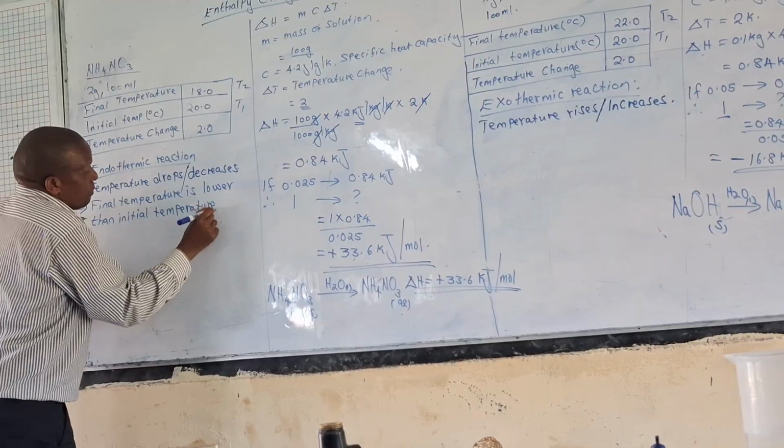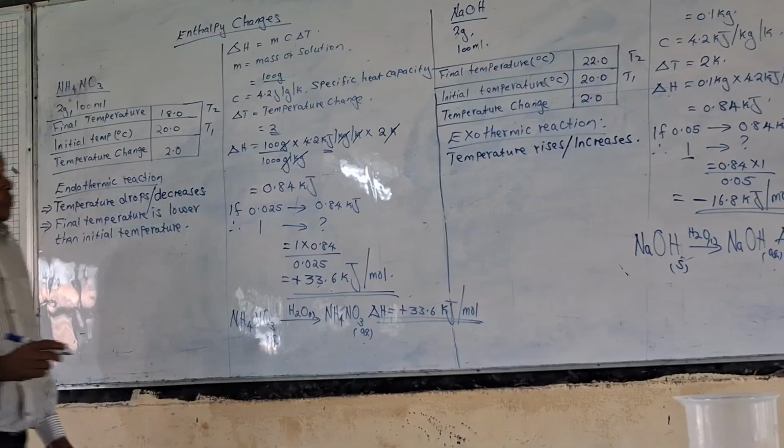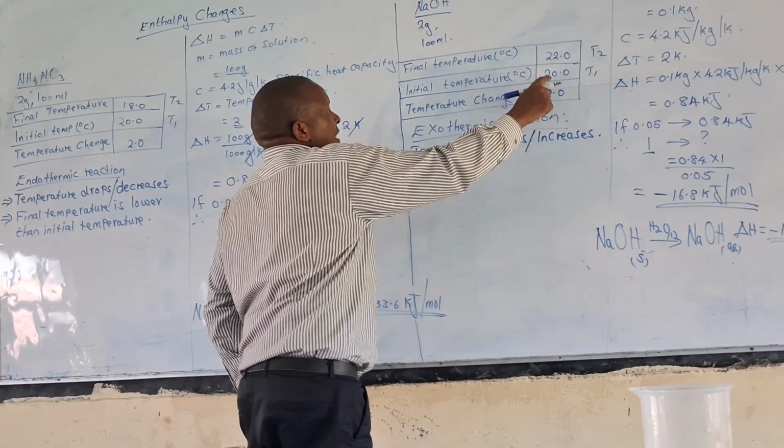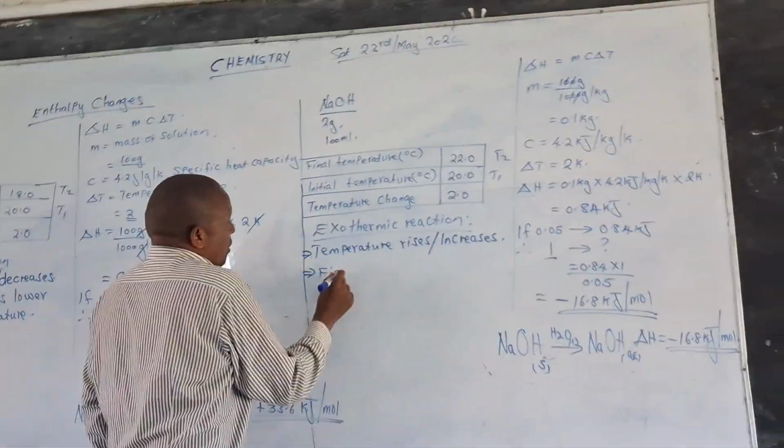I hope you are noting somewhere so that you can use it for revision. Are you doing that? Yes. Very good. What about here? Final temperature is higher than initial.